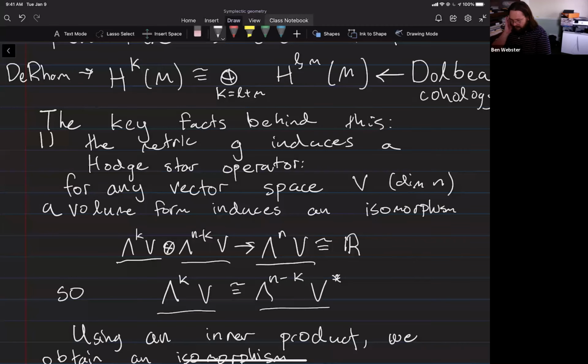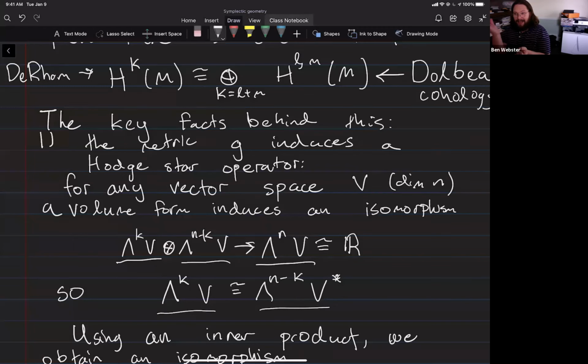And the geometric way to think about this is that the most important kth wedges are the volume forms on k-dimensional subspaces.